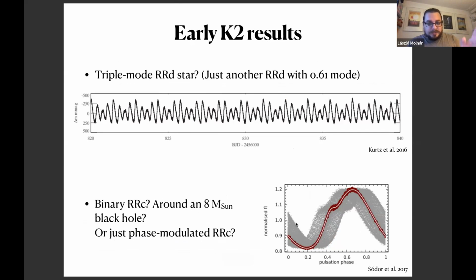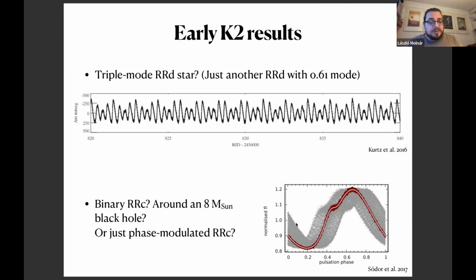And thinking back of Gergely's presentation from yesterday about binary RRc stars, there are a number of RRc stars that show strong phase modulation. And one of them was observed by the K2 mission.